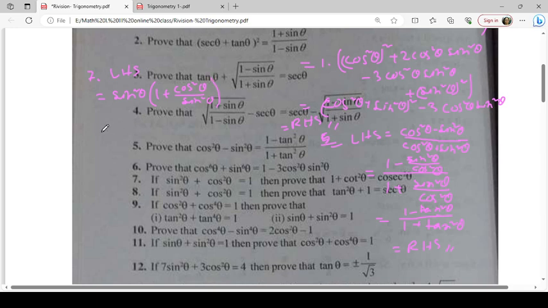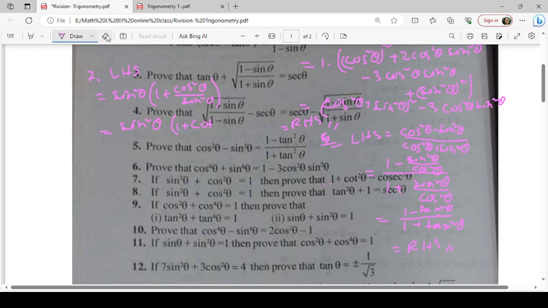Oh sorry, not that. Left hand side means we have to write 1 plus cos square theta.